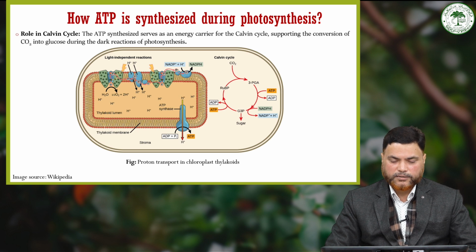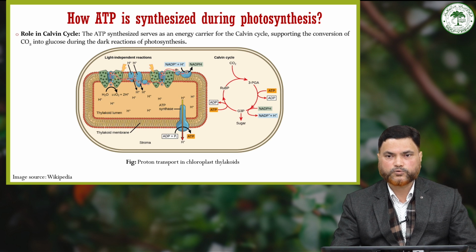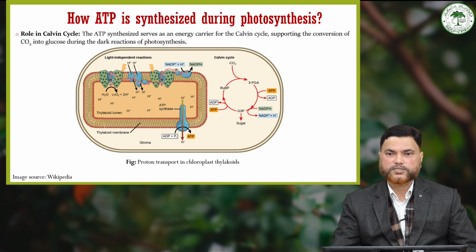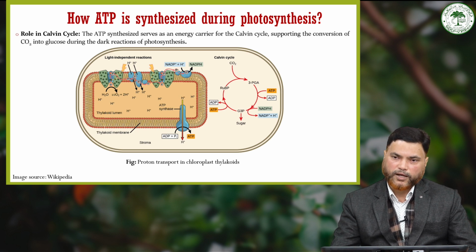As you know, once an electron leaves the photosystem, it is transferred to a series of molecules, first to plastoquinone, then to a cytochrome complex and finally to plastocyanin. During this electron transport chain, the electron moves from a higher to a lower energy level, thereby releasing energy. Some of this energy is used to pump protons from the stroma into the thylakoid interior.